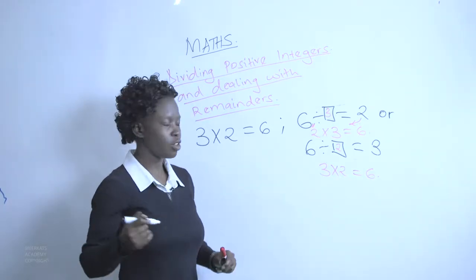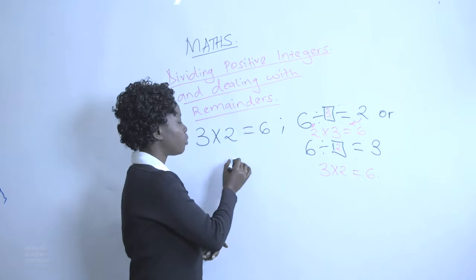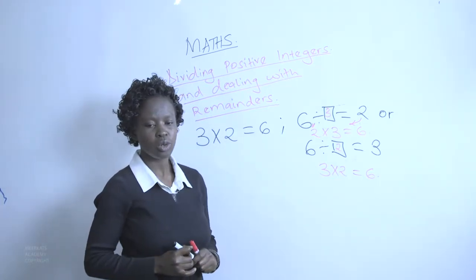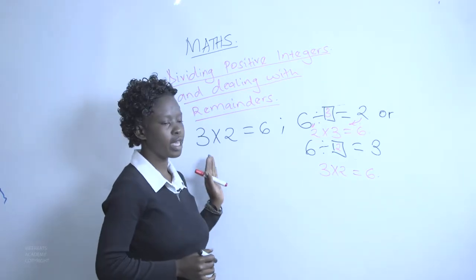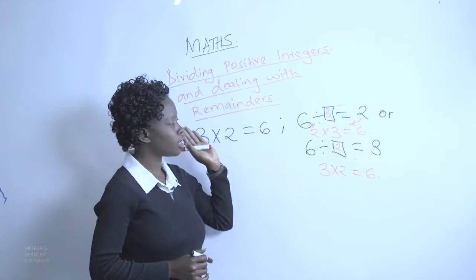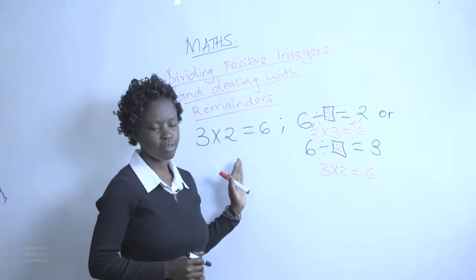When we looked at multiplication, we said that you will start multiplying from the far right. In division, we are going to start with the figure on the far left, because division and multiplication are reverse operations.